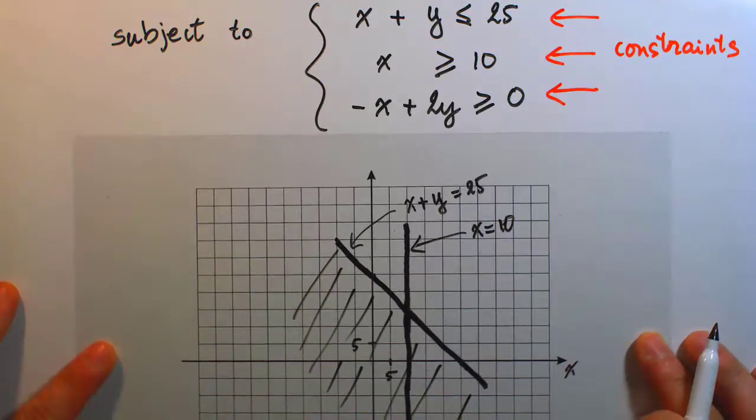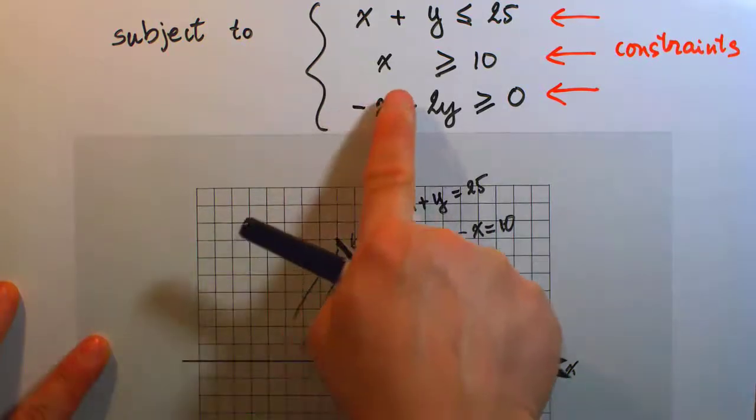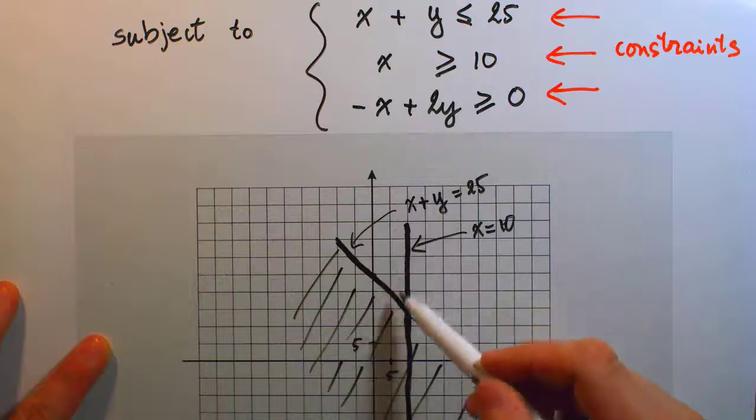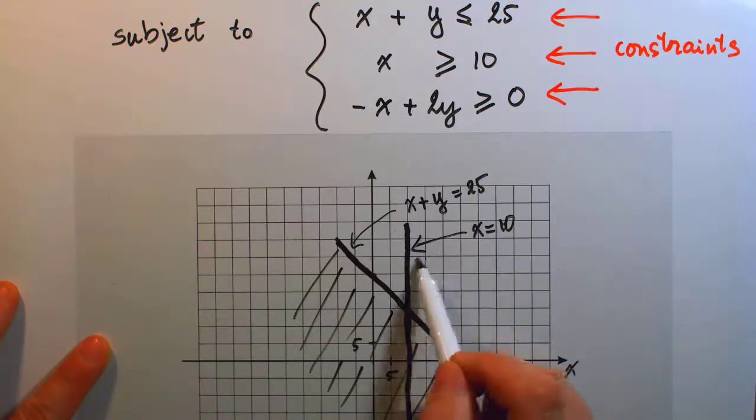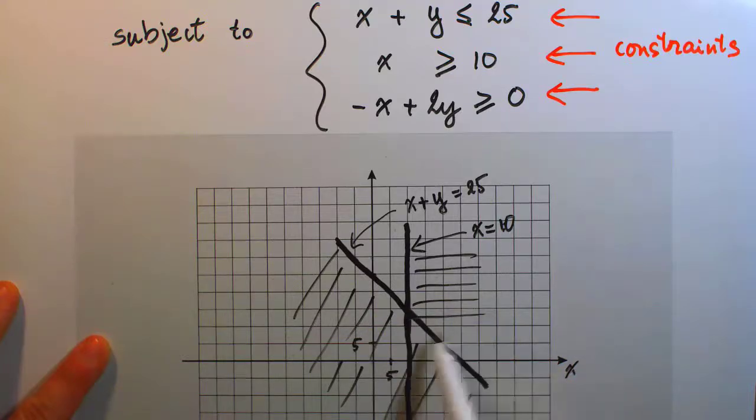And of course we want x to be greater than or equal to 10, so this is a solid line and we are shading to the right-hand side of it. Now you can see that the area down here is where we have a double shading, the two regions being double shaded.